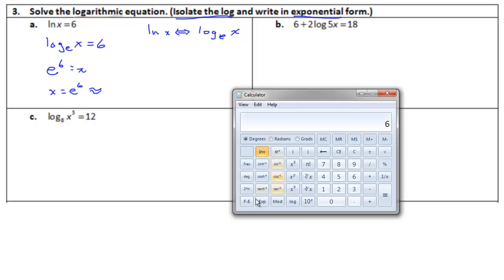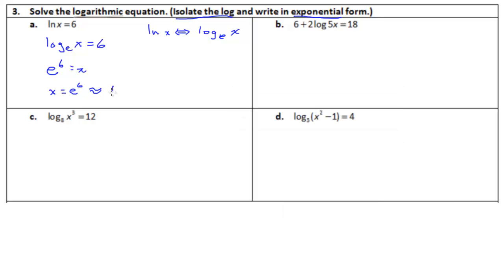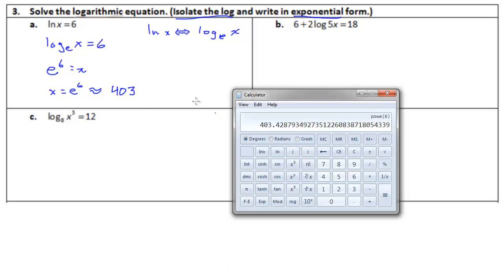This is the answer. The power of e to the 6 is 403.43.